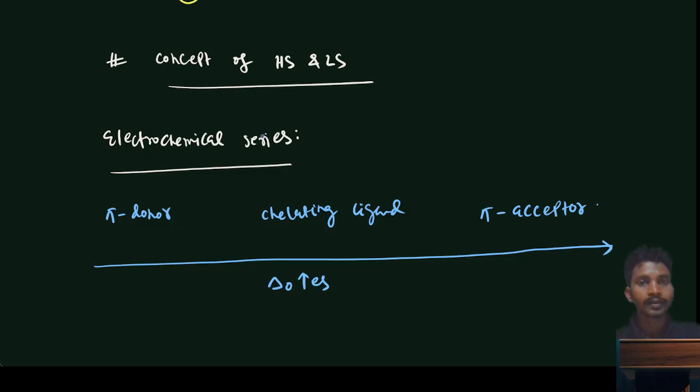So pi donors we have first, that is halogen groups.